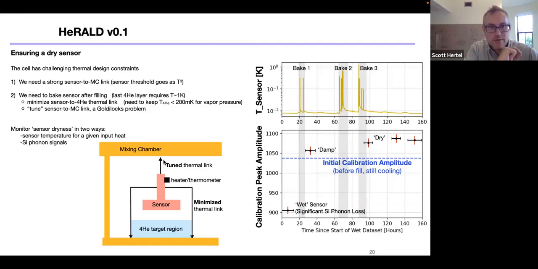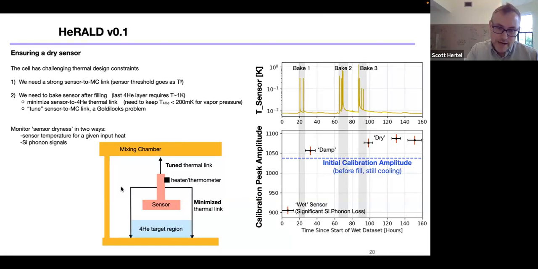Remember that the sensor threshold goes roughly as the temperature cubed. So we want a thermal link that's pretty strong between the sensor and the mixing chamber to keep it cold. But after we fill the cell, we need to bake the sensor up to roughly 1 Kelvin in order to get that last layer of helium-4 off. So that took a fair amount of tuning of everything.